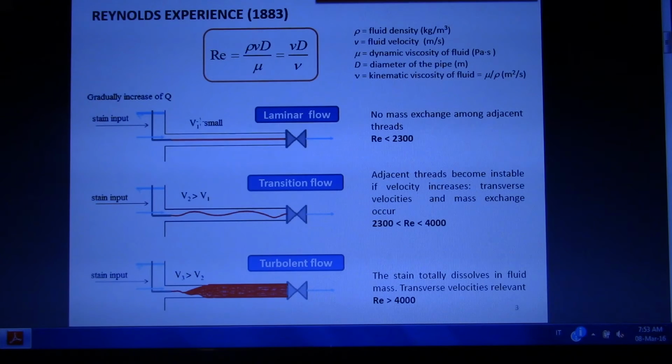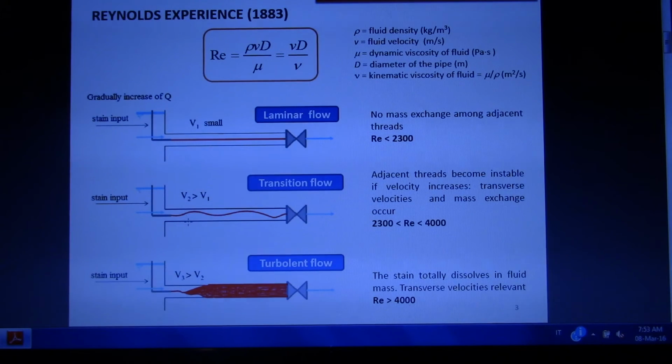He observed that for small velocity, the stain remains almost constant, so you don't have any kind of turbulence between the stain and the other flow. So there wasn't any mass exchange among adjacent threads, and this was typically the case that described the condition of laminar flow.